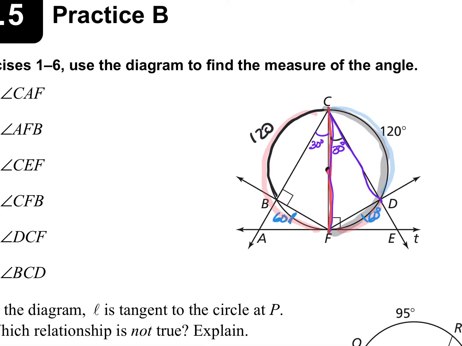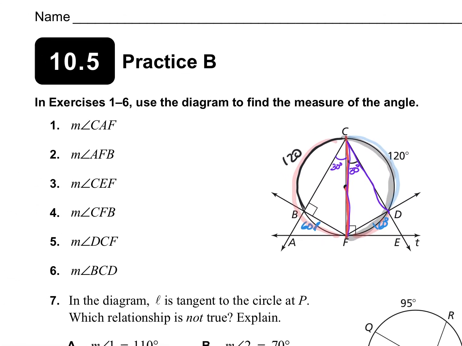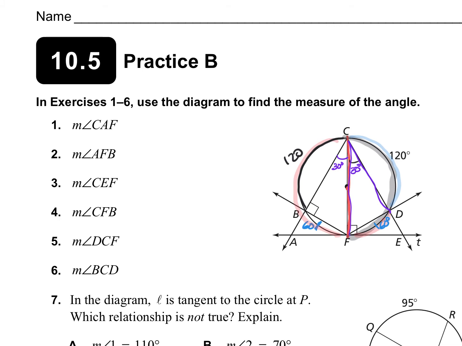So for example, it wanted me to find, for example, AFB. Let's see, is that going to help me now? Well, yeah, it does. So let's see. I have D, like number 5. That's this angle right here. DCF is this 30 that I just found.